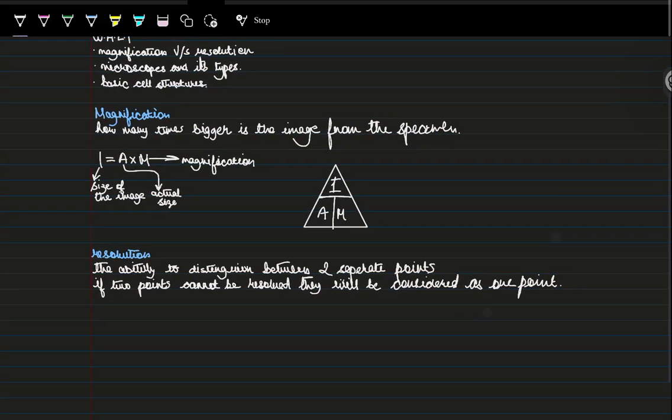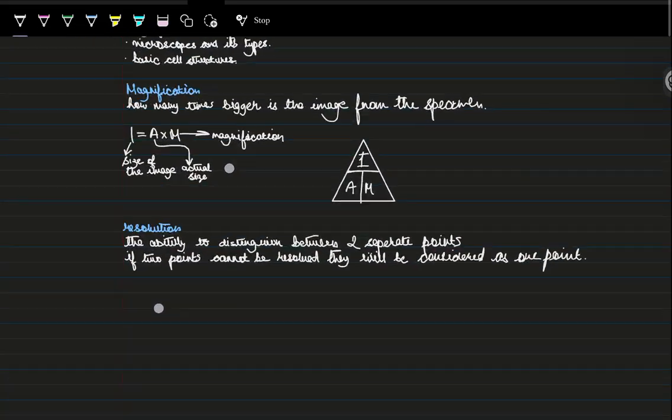Yes. So that's it. That's all we have for magnification and resolution.